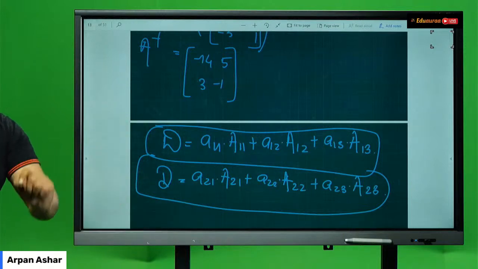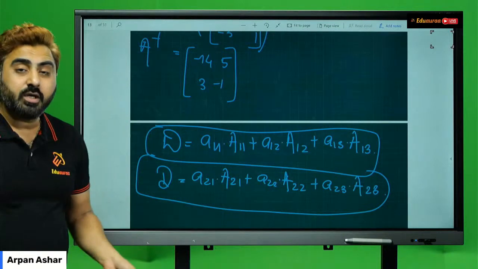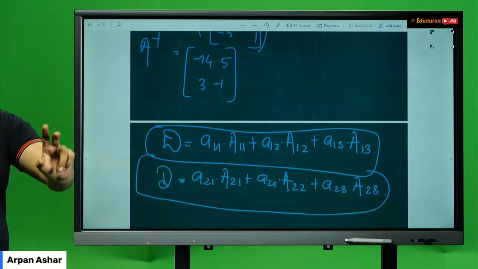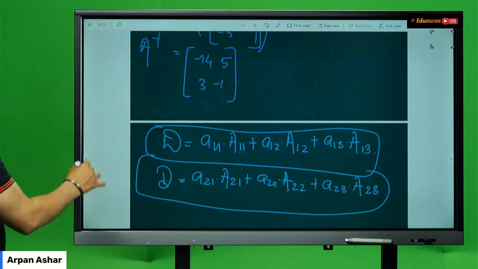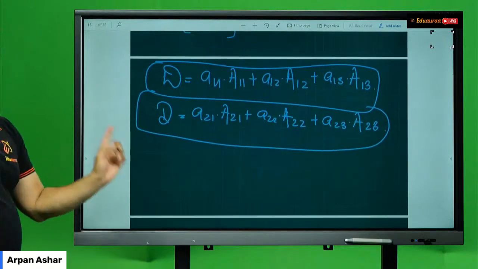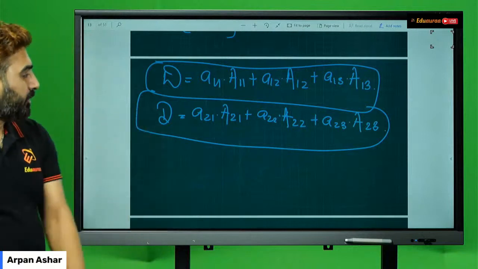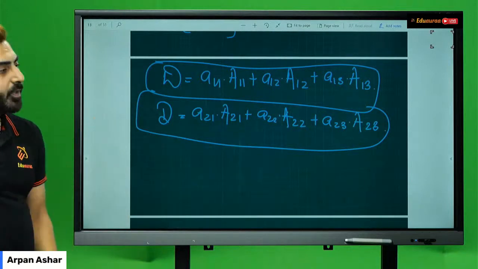Similarly, along the third row. Similarly, first column, second column, third column. If you find it with the help of any row or column, everywhere the value of the determinant will be the same. But there is a condition.